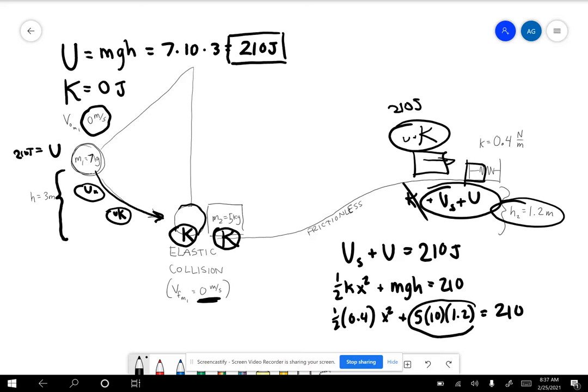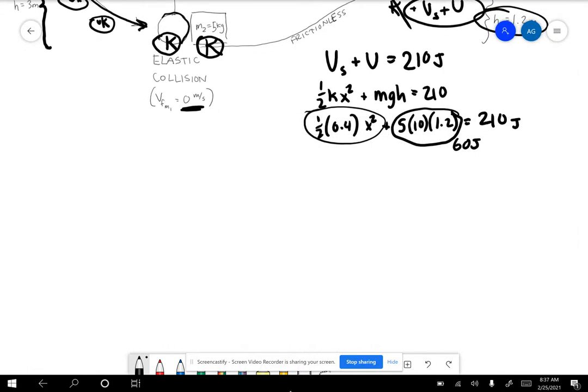A lot of you, when I looked at it, said that it's got 60 joules of energy from gravitational potential at this point, but we didn't really calculate for the other 150. So I'm just going to move this a little bit, and we should have 150 joules left that make up the 1/2 of 0.4 x squared.